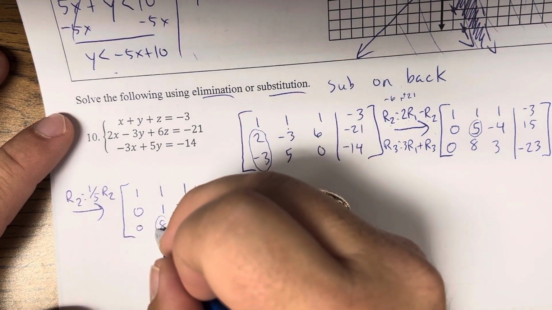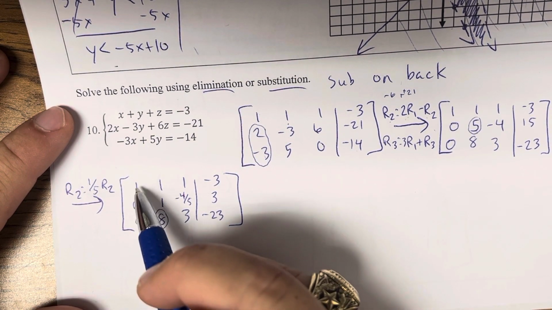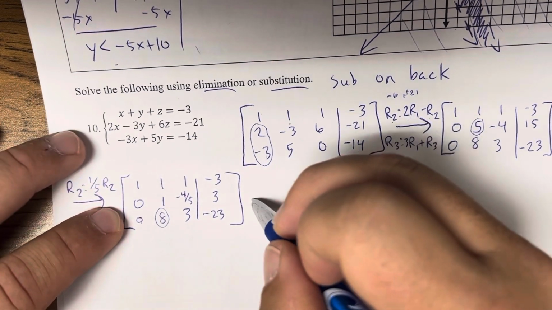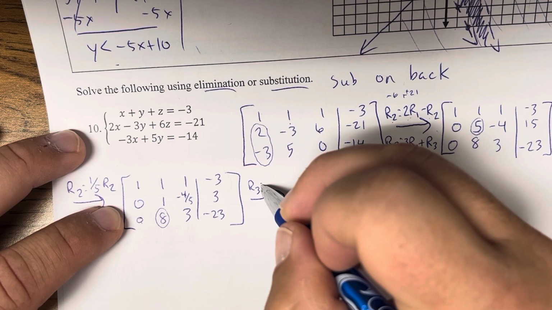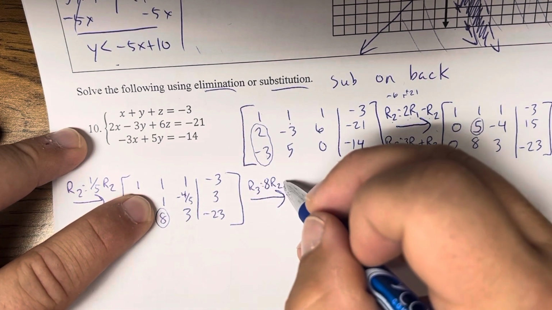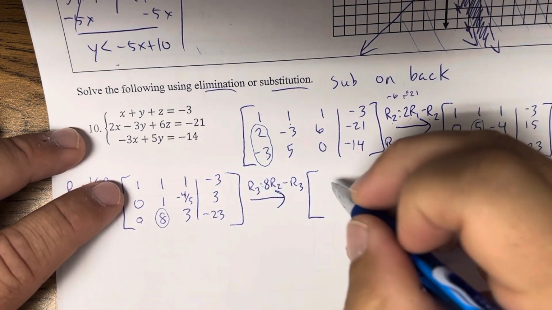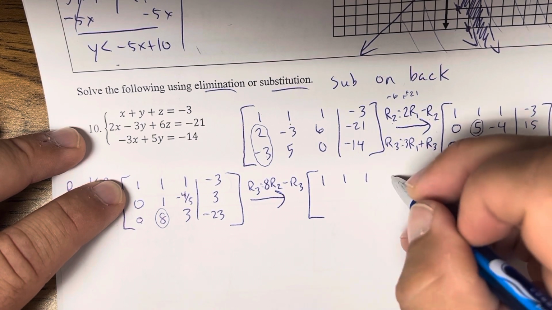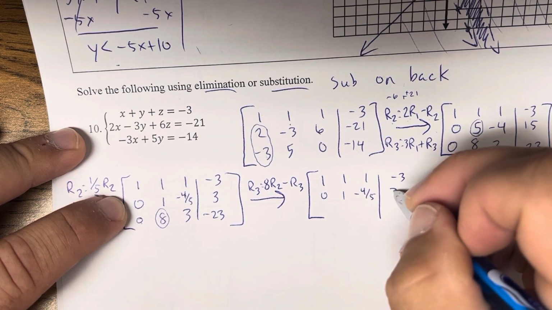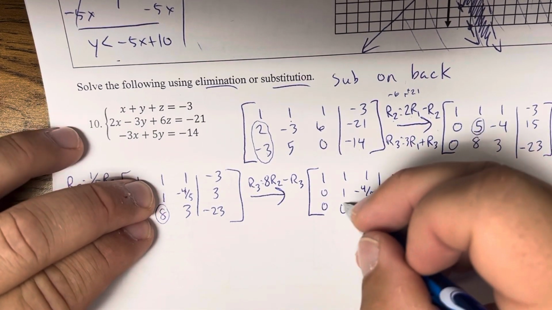My next goal is I want this to become a 0. I don't want this to change, so I'm not going to combine it with this one because that would change my 0. I'm going to combine it with row 2. So for row 3, we're going to do 8 times row 2 to make it match the 8, and then we'll subtract row 3. Top row stays the same, 1, 1, 1, -3. Middle row stays the same, 0, 1, -4/5, and 3. But then the bottom row, we're going to do 8 times 1, which is 8, minus 8, which is 0.